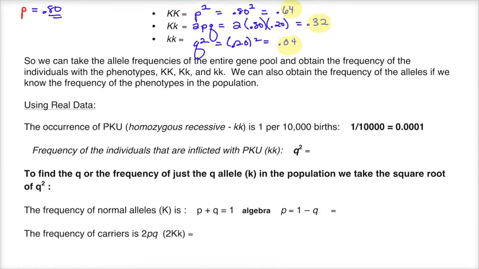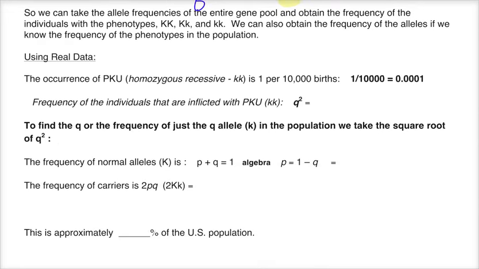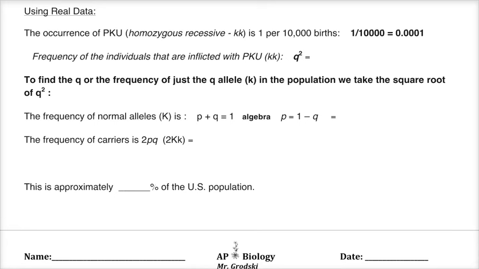That was just hypothetical data to make some learning. So when we talk about PKU, the occurrence of that disorder, which is again a recessive disorder, we know that the disorder occurs when you get both recessive genes, both alleles that are broken, that can't make the enzyme or the protein to break down a certain amino acid.